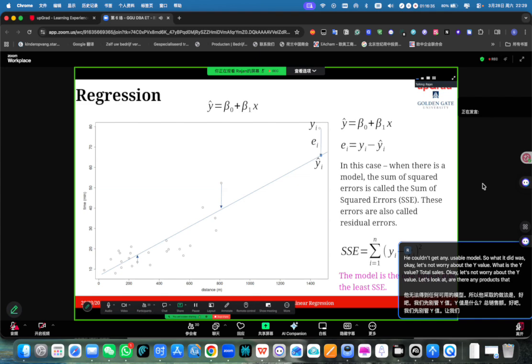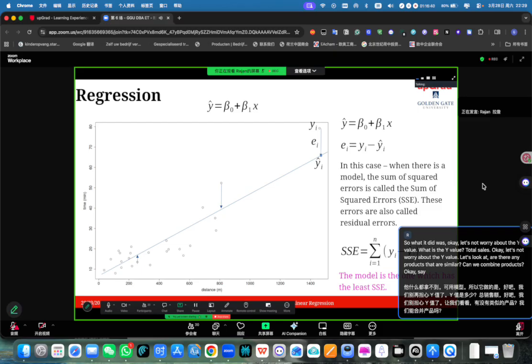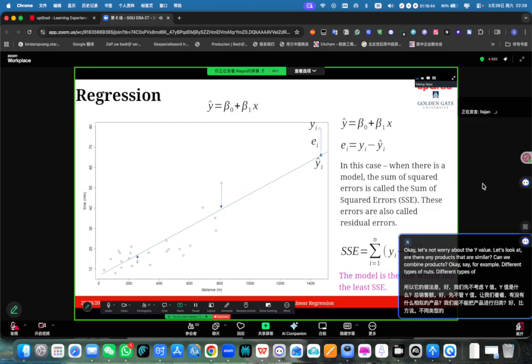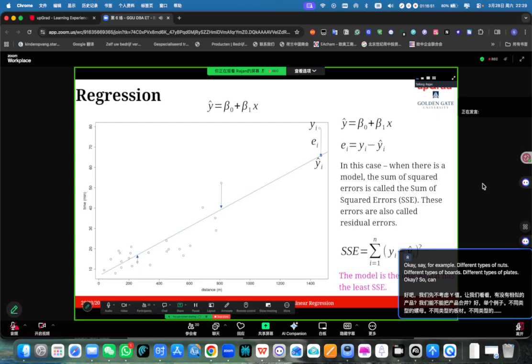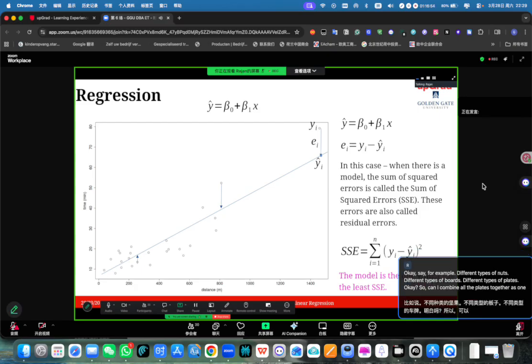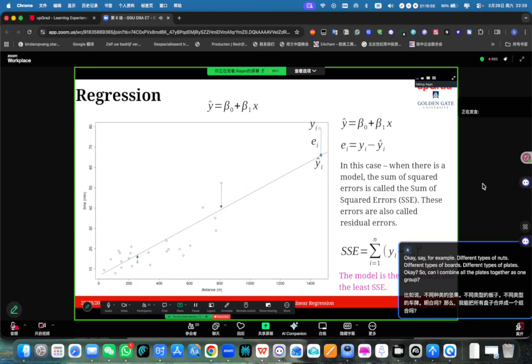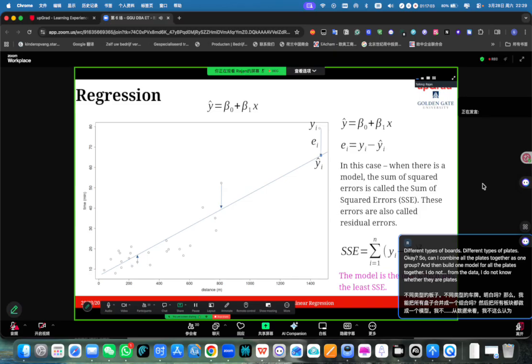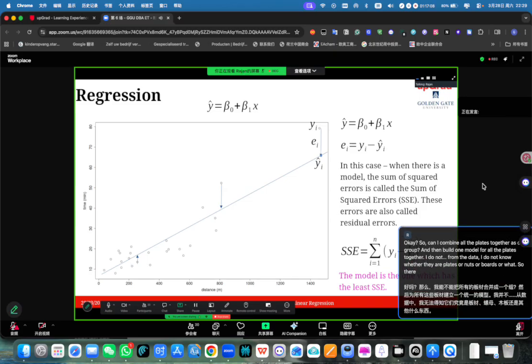Can we combine products, say, different types of nuts, different types of bolts, different types of plates? Can I combine all the plates together as one group and build one model for all the plates? From the data, I do not know whether they are plates or nuts or bolts or what. So there, I did unsupervised learning.